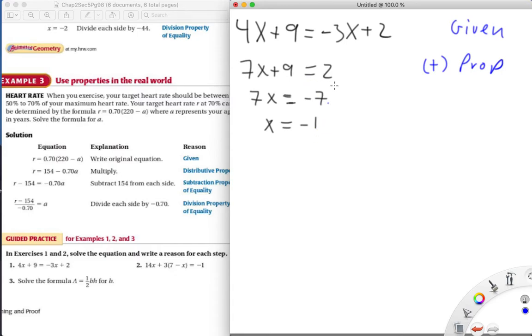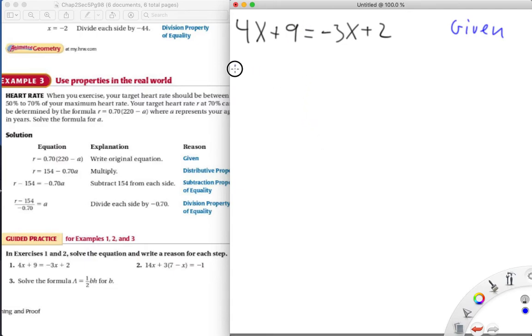If we want to be consistent, I guess, with the book, to be step by step, I guess I should write that. So this would be 4x plus 9 plus 3x equal to negative 3x plus 2 plus 3x. So that's addition property of equality.